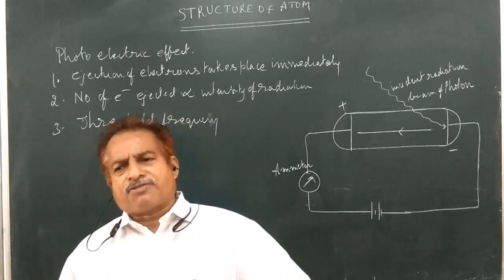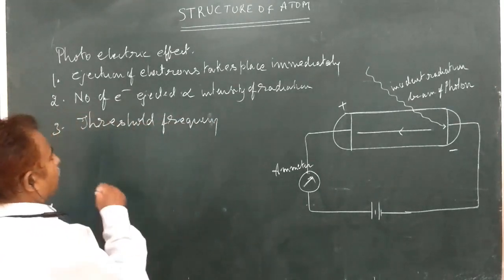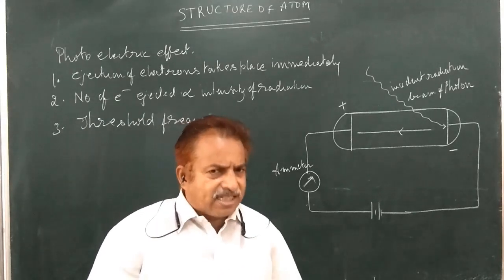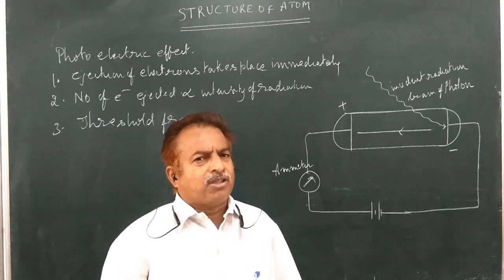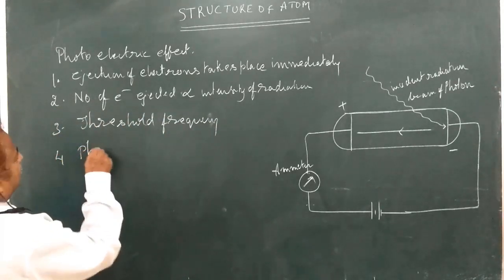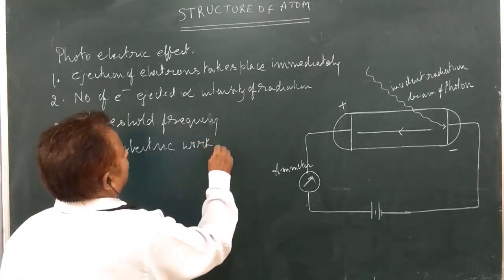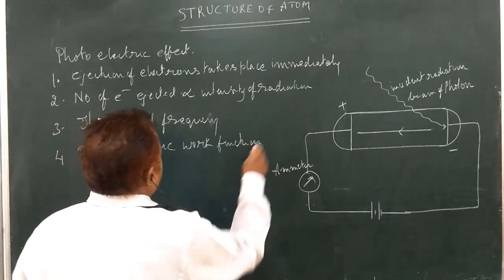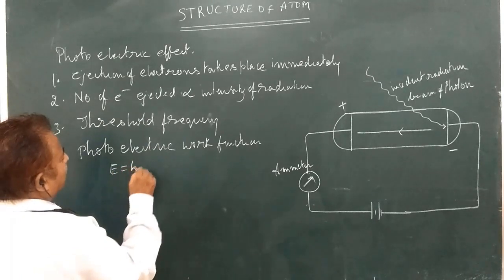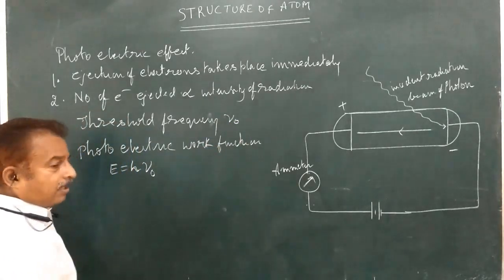If the photon does not have sufficient energy, then the photoelectric effect does not take place. Suppose the photon has energy which is exactly sufficient for the ejection of an electron, such an energy is known as the photoelectric work function, that is E equals h nu, where nu is the threshold frequency here.